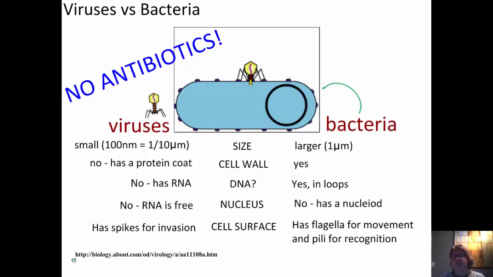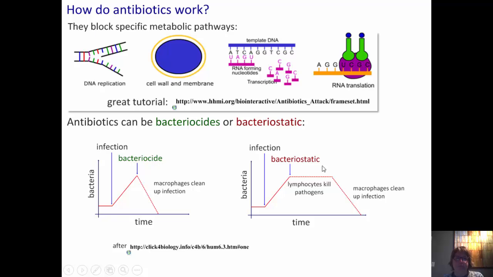Bacteria, though, typically just have flagella or cilia or even pili for exchanging chromosome information or plasmids with another bacterium. So the big key here is that if we have a virus infection, we don't want to take an antibiotic. We'll get into this more later, but most antibiotics work mainly on things such as the cell wall. Since viruses don't have a cell wall, the antibiotic is not going to work against them.